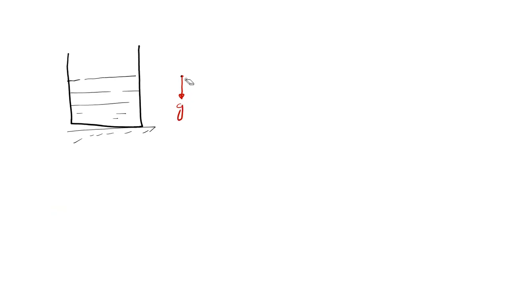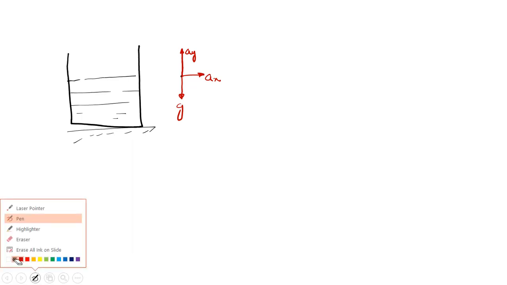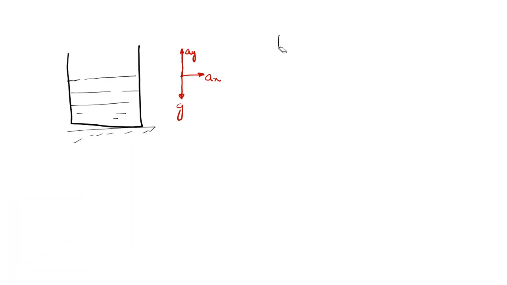Now what I have done, I have given acceleration to the bucket, ax in the horizontal direction like this, and in the vertical direction ay. So now again I'll follow the steps. It's very easy. These steps can be used for all the questions, for evaluating the final surface.